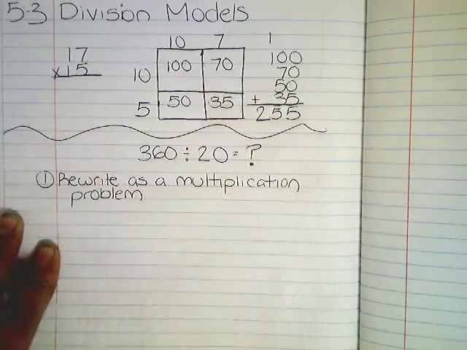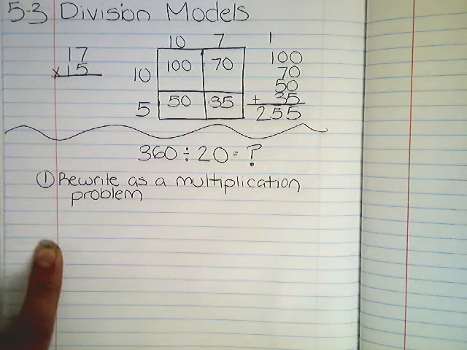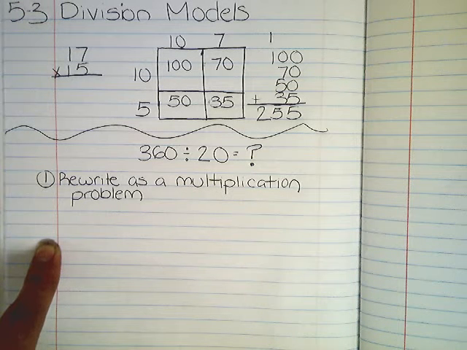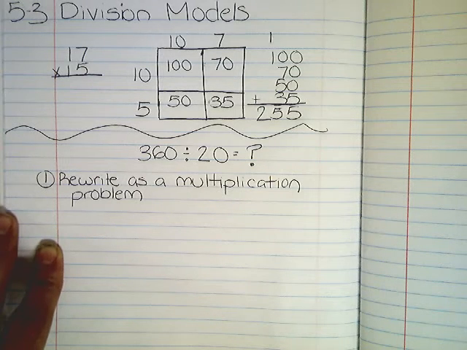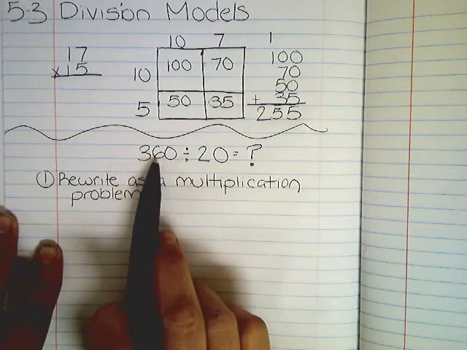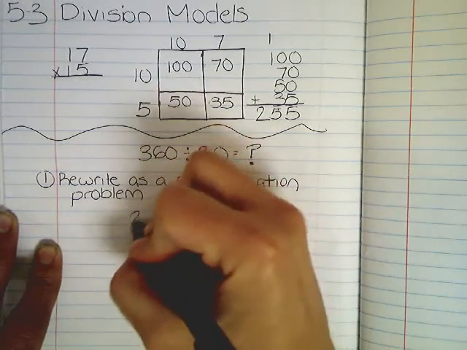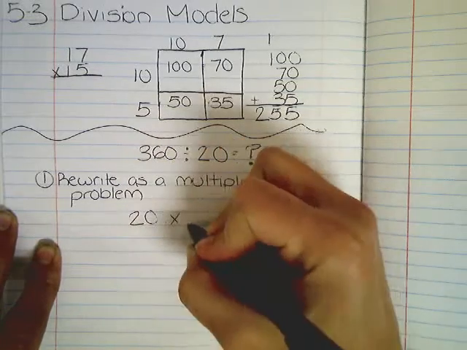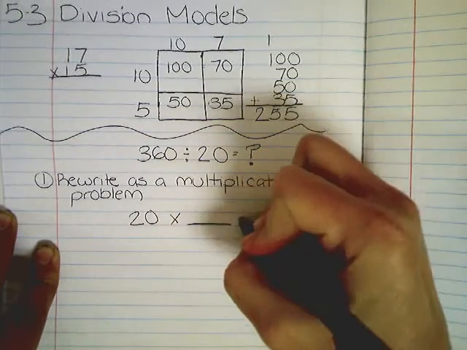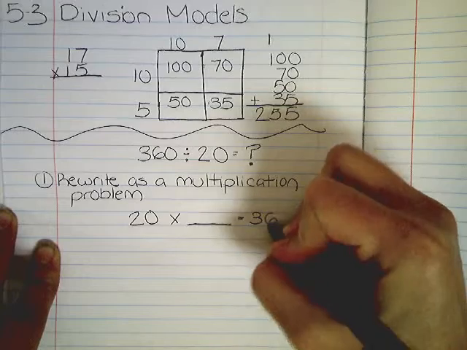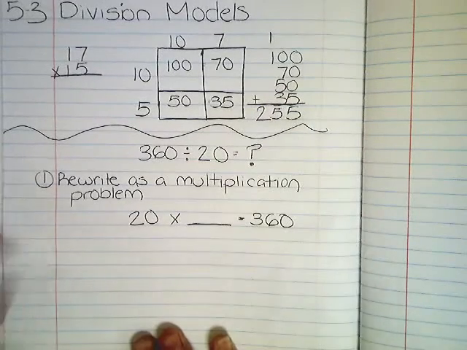We talked a lot in lesson 5-1 about how division and multiplication are inverse operations. They undo each other. So the opposite of 360 divided by 20 would be 20 times something equals 360.